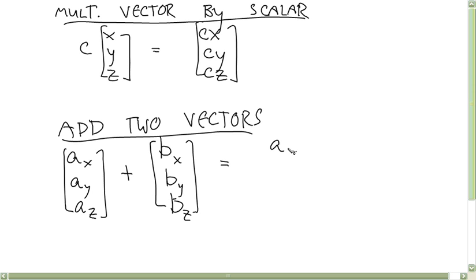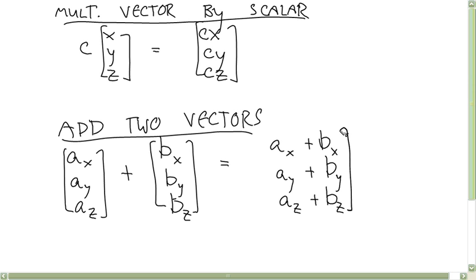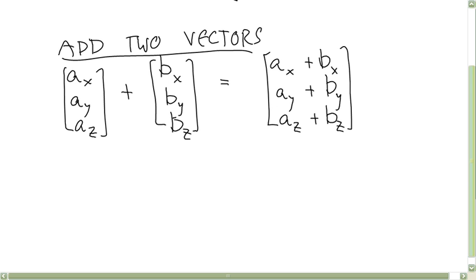You just add the components. So Ax plus Bx, Ay plus By, Az plus Bz. Those I'm sure you've done so many times that you'll never forget that.